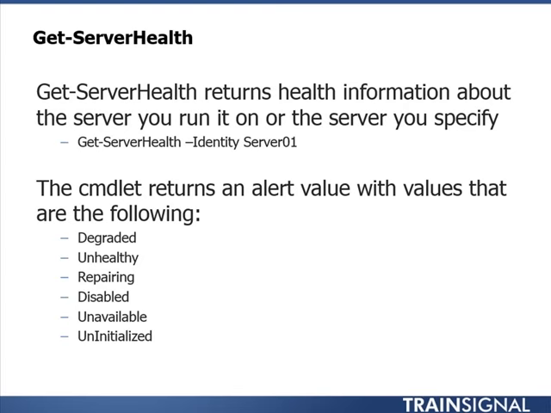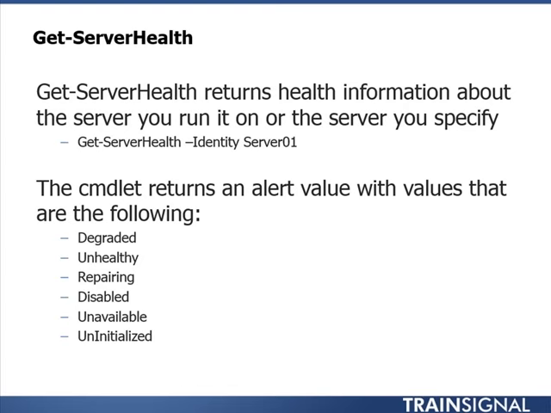So one of the commandlets that we want to take a look at is the get-server health commandlet. This returns health information about the server you run it on or the server that you specify. So you can see here get-server health, and then you can provide the identity of the server. Now the commandlet will return an alert value with values that are either degraded, unhealthy, repairing, disabled, unavailable, or uninitialized. So it lets you know if there's a problem.